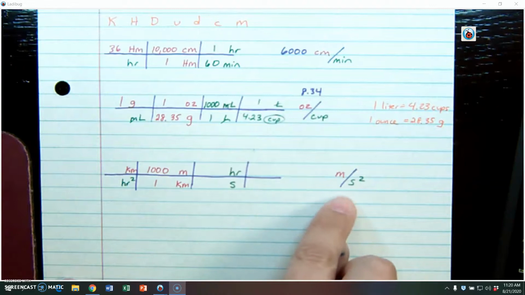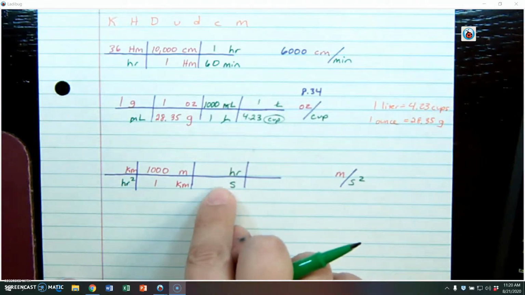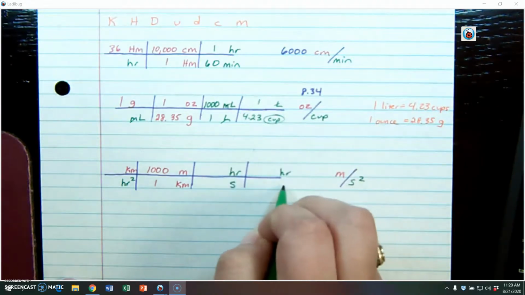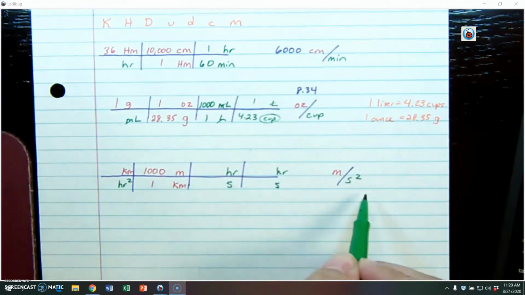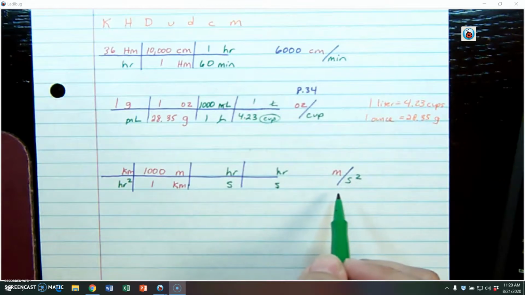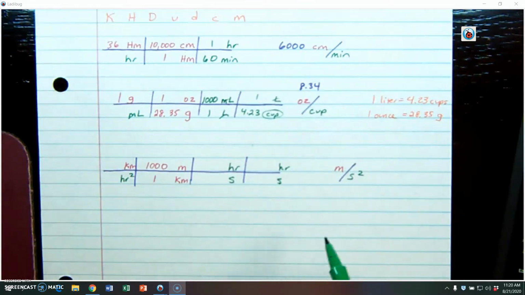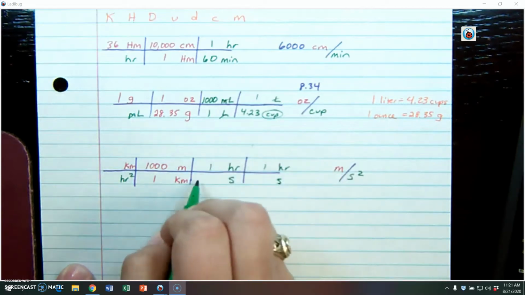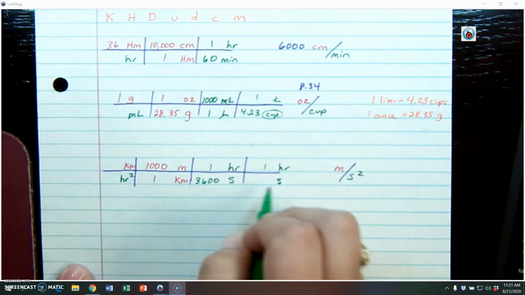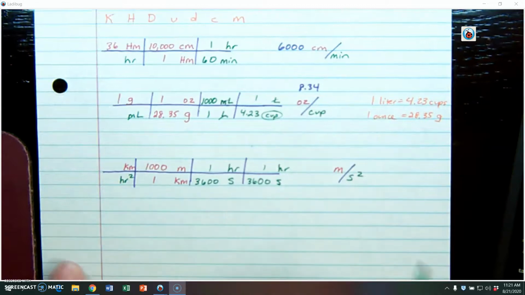Seconds times seconds is seconds squared. So I'm going to do this step again, okay, to make sure that I convert hours to seconds, which gives me hours squared to seconds squared. Okay, so 1 hour is the same thing as 3,600 seconds. I just have to do that twice.